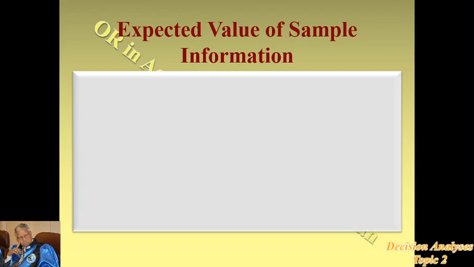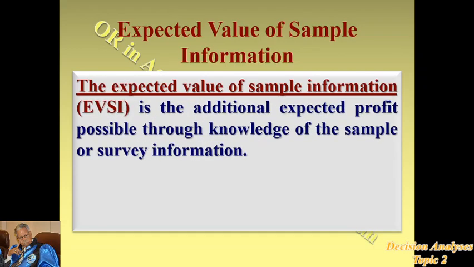So, in our topic, we want to understand how we can calculate the expected value of this sample information. The expected value of sample information is the additional expected profit possible through knowledge of the sample or survey information.